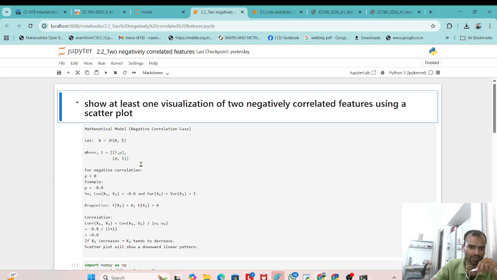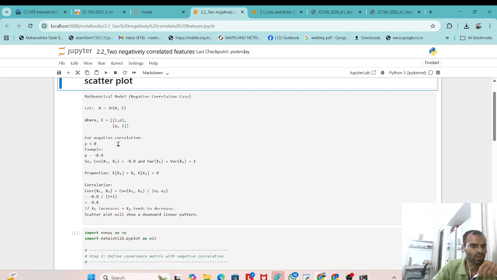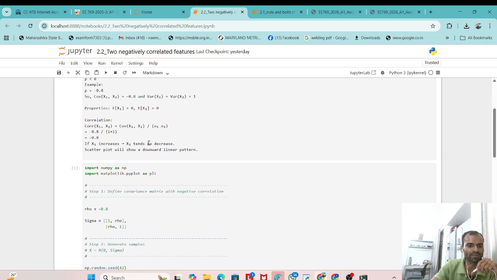From that we can infer that some are negatively correlated. So this condition has to be satisfied for negative correlation, and if we plot the graph, it shows a downward linear pattern.